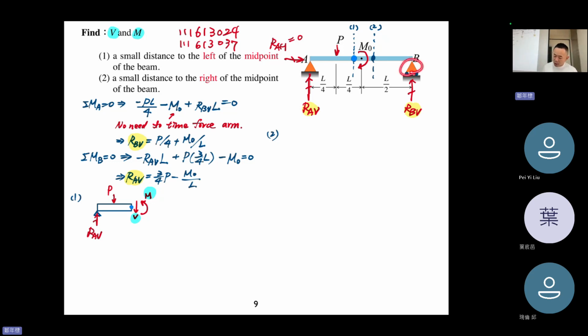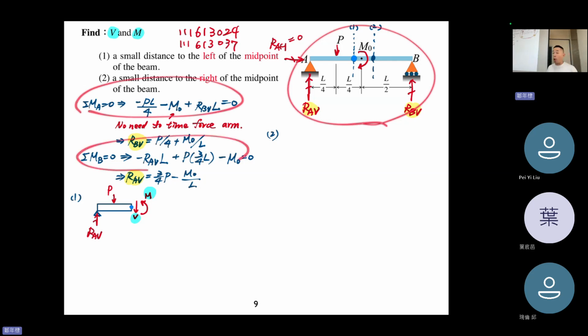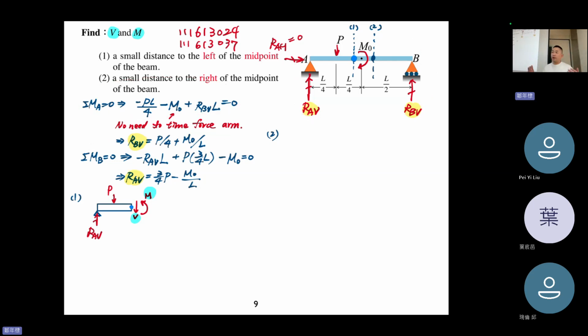However, the roller only gives you vertical. After you do the moment balance, or Fx or Fy balance, you can get RAV. Now after we cut it, we have this P and RAV and V and M. V and M will be our answer. So let's determine that.